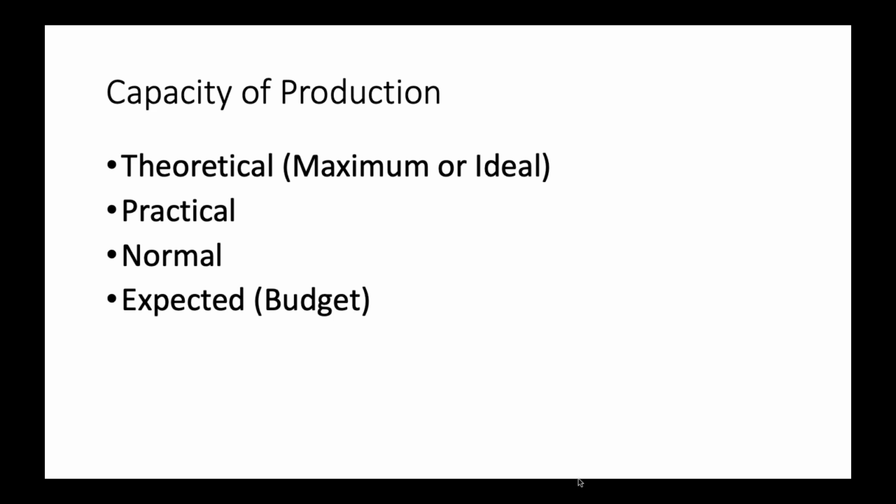Now, when we say practical capacity, this refers to plant or department's capability to produce with an allowance for internal factors. It means theoretical capacity less unavoidable operating interruptions such as shutdowns or holidays and other interruptions due to delay or machine breakdowns.